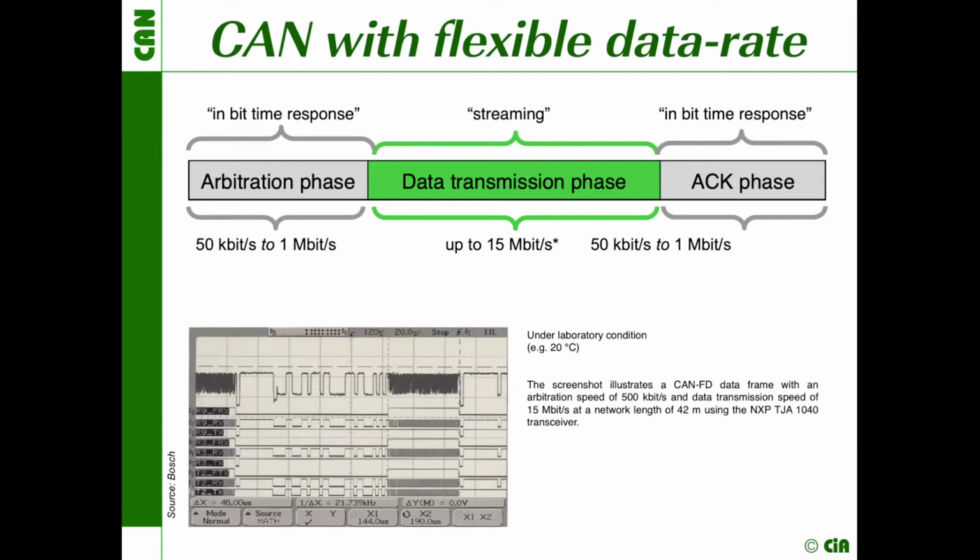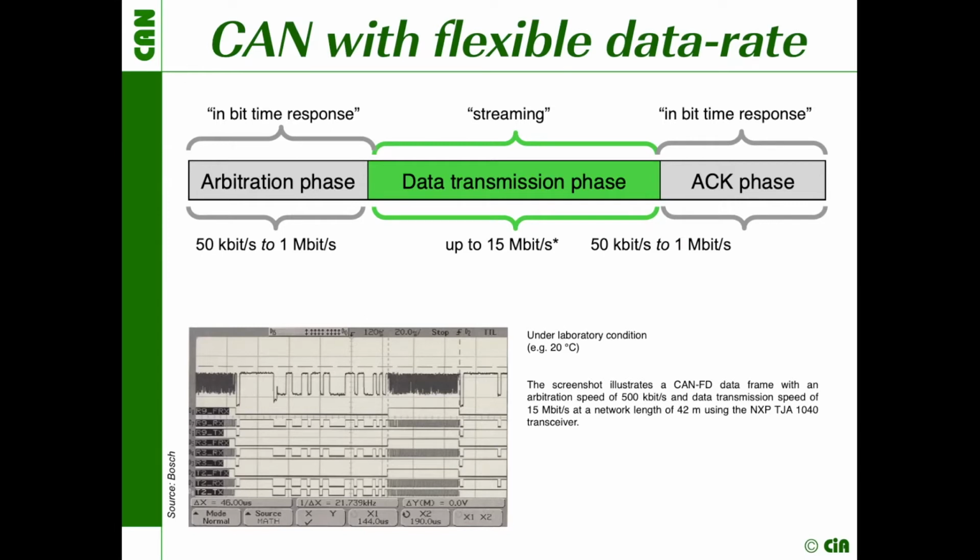And the idea behind CAN FD is while we have found the single most important message, we are now almost alone on the network, on the bus, because we want to transmit our data. And if we are alone on the bus, then we can speak at any speed.